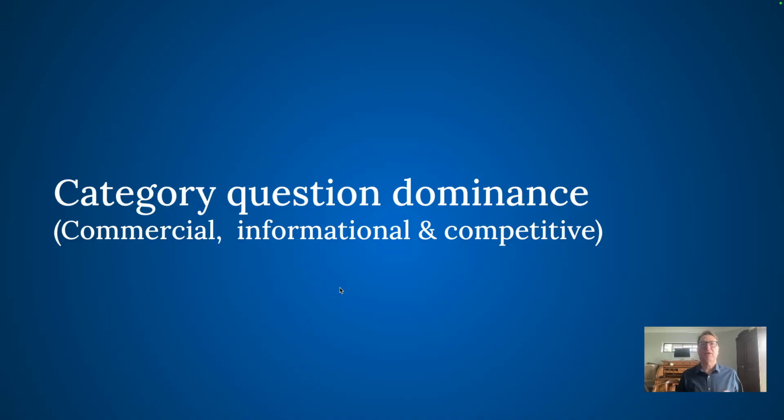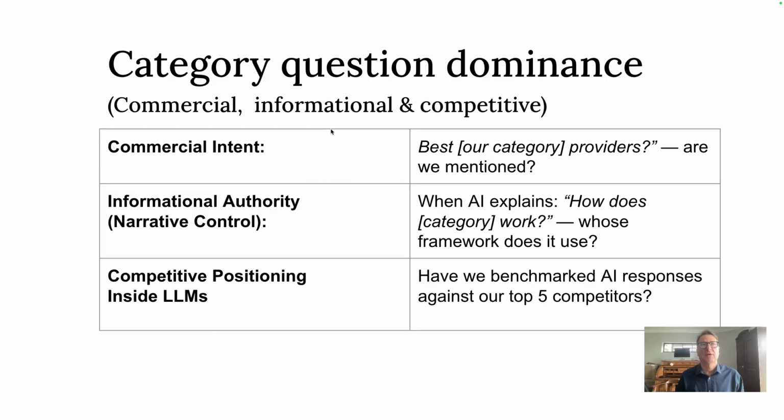Then there are category questions and dominance. Those are mostly commercial, informational, and competitive. So commercial intent: are we best in our category? Are we mentioned? Information and authority: when AI explains how this works, does it use your framework or does it use your competitor's framework?